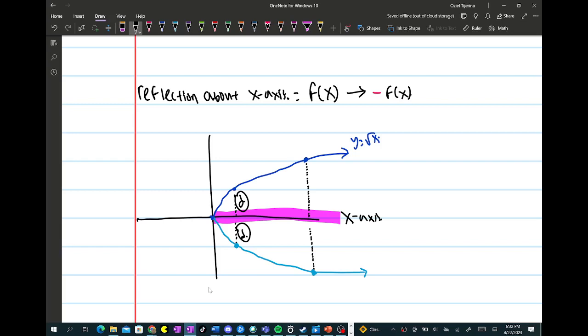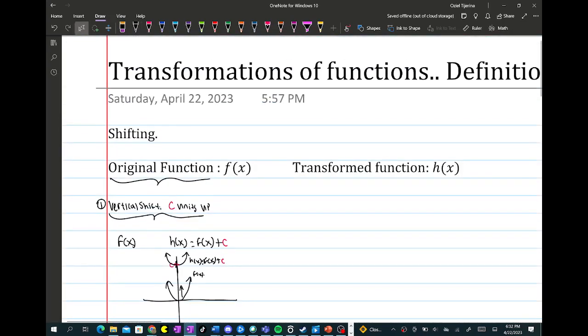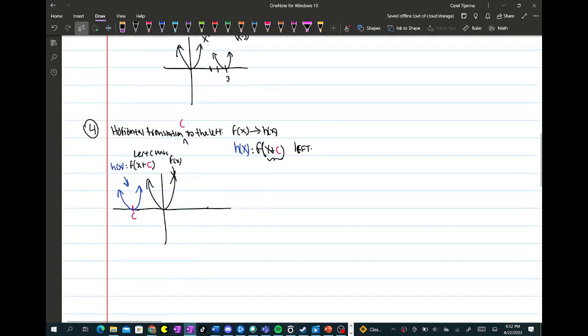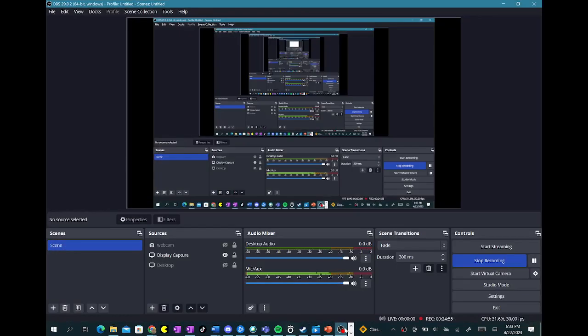Now, vertical and horizontal stretches and shrinks are a little more difficult, so I think I'm going to stop the video here, because that's another set of terminology that I don't want to do in this video, since I don't want to make it longer than it has to be.